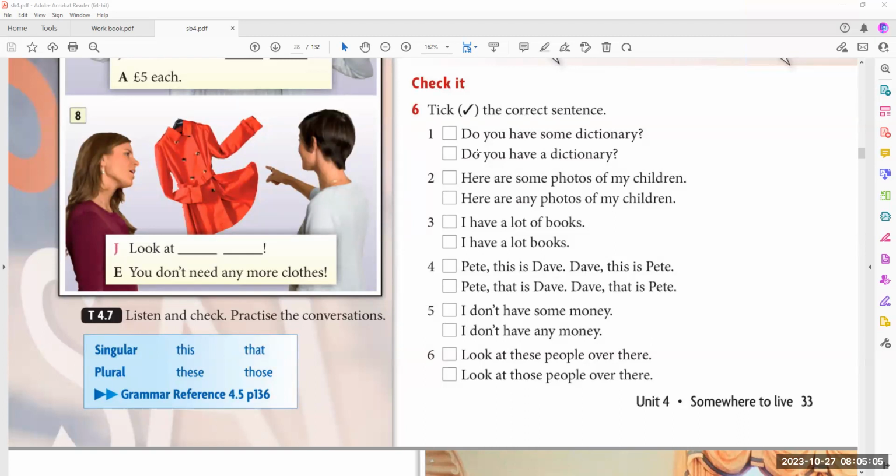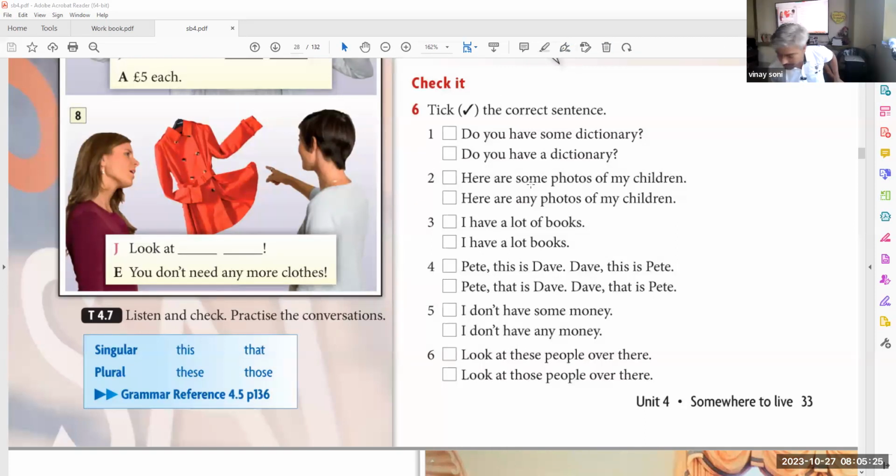Done, sir. Okay. Shall we check now? Number 1. We have 2 sentences. Do you have some dictionary? Do you have a dictionary? Which sentence is correct?